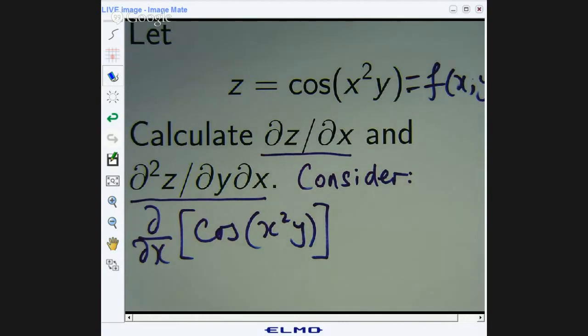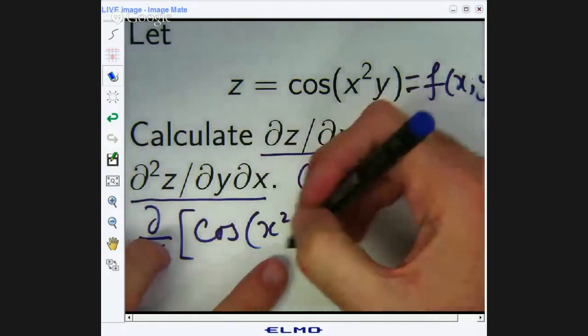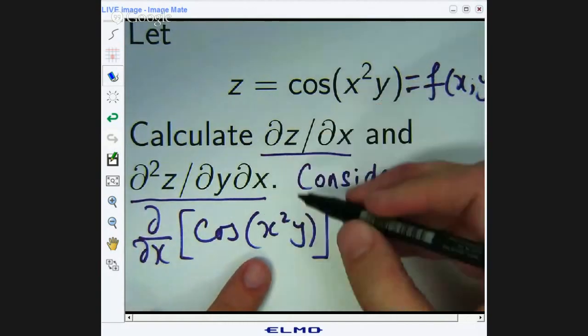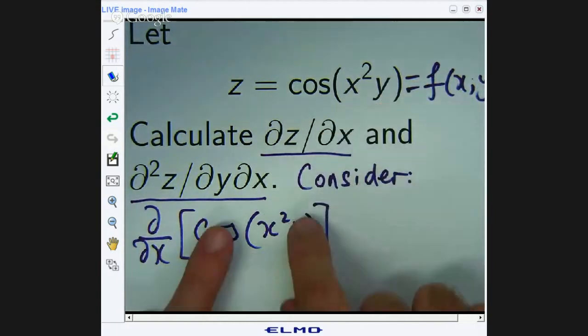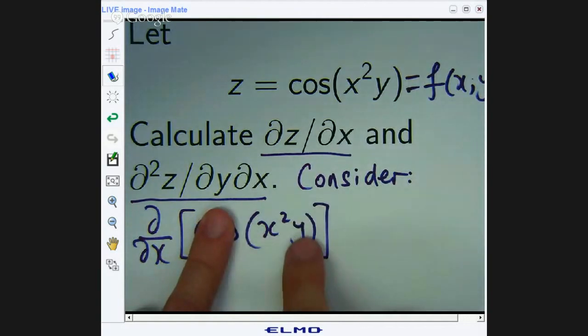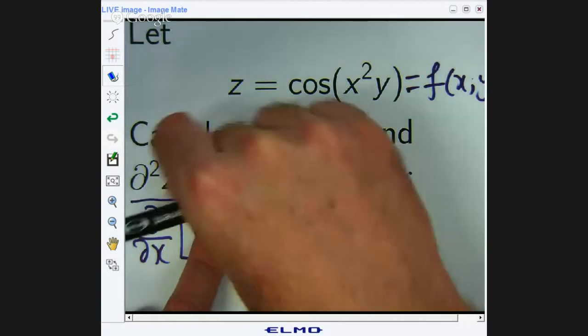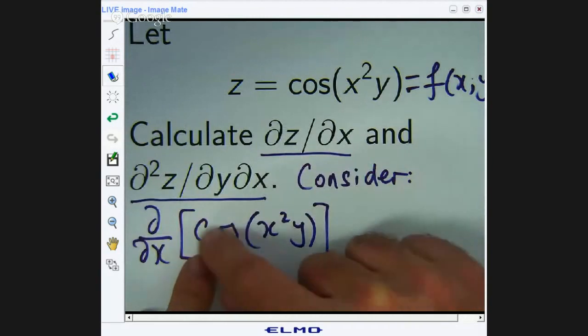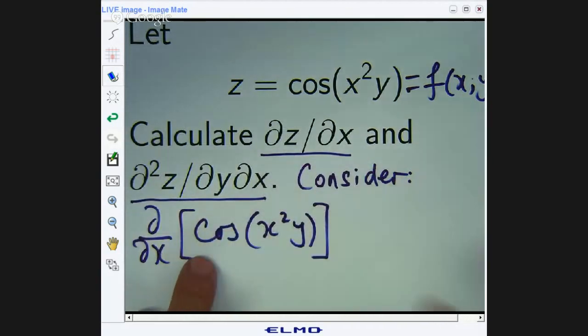For this particular example, what you want to do is look inside the brackets, compute the partial derivative with respect to x. Okay, so if I forget about the cosine, imagine y is a constant, the derivative of this with respect to x is 2xy. That comes to the front, and then you multiply by the derivative of the cosine function.